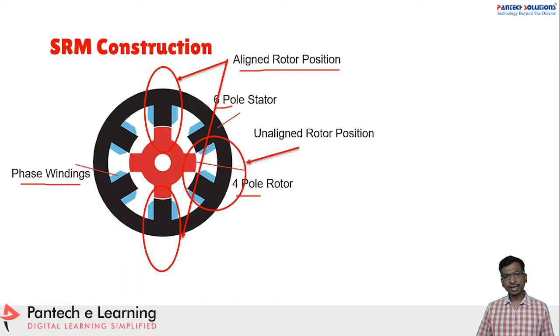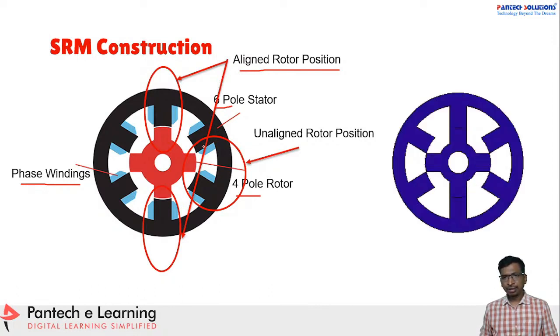When the rotor and stator poles are aligned with each other, we call it the aligned rotor position. If they are not aligned with each other, we call it the unaligned rotor position, right? If you have any questions, ask; otherwise let's move to the next one.